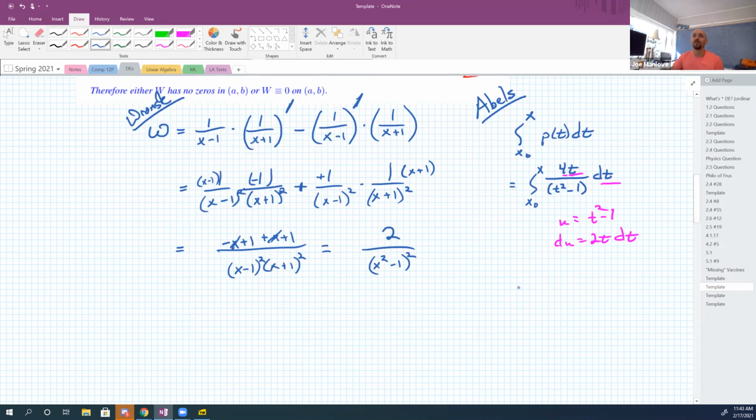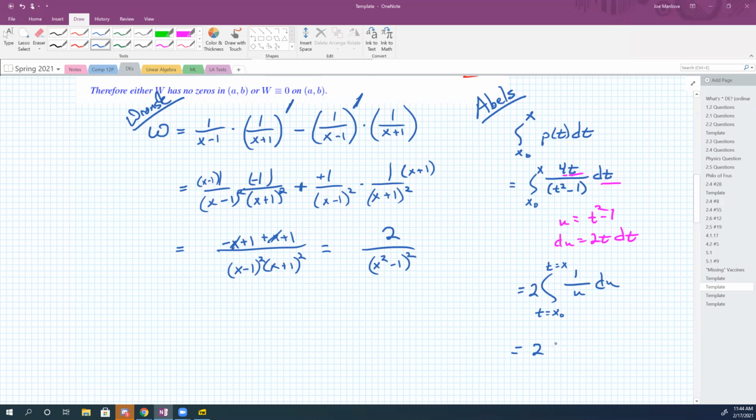Okay, so now I have the integral from t equals x naught to t equals x of, let's see, I got a 2 out front, and then I have 1 over u du. So we get 2, and then what's the integral of 1 over u?